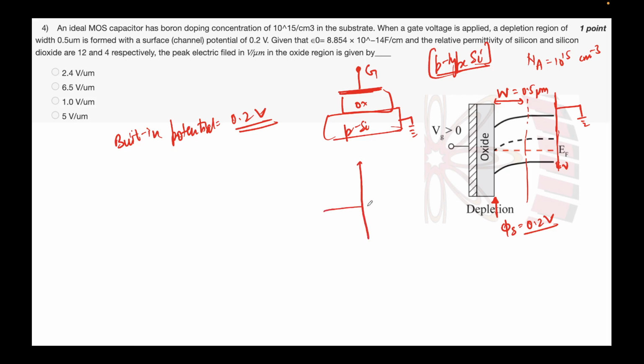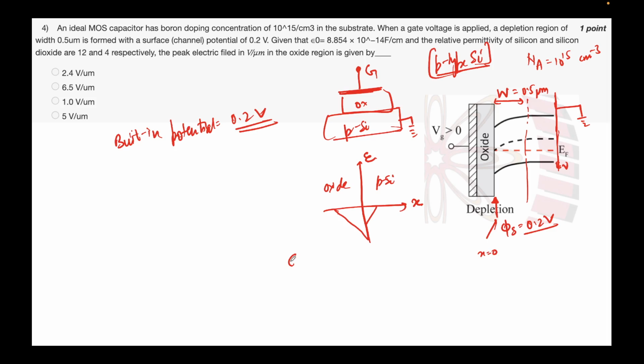If I draw the electric field versus, let's say, x, and this is what I'm calling x equal to 0, it will look something like this. Why this discontinuity over here? Because please remember, the displacement vector has to remain constant. This is oxide and this is semiconductor.